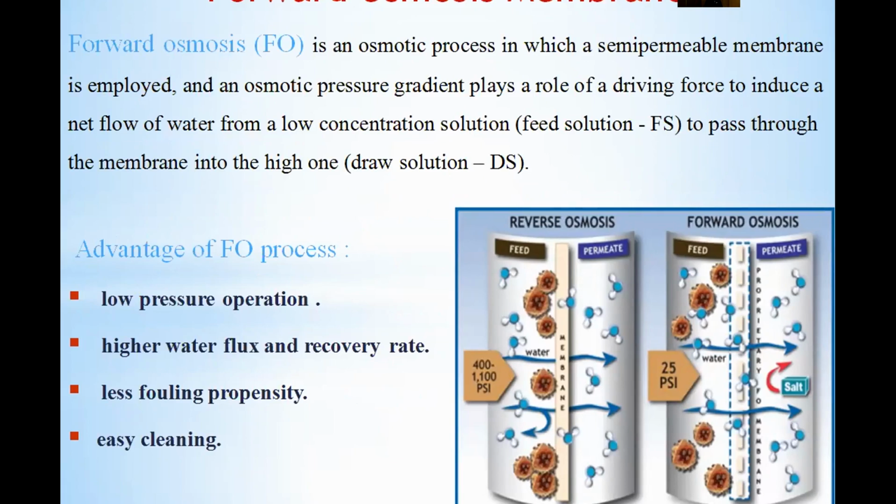Forward osmosis is an osmotic process in which a semi-permeable membrane is used, and the driving force here is the osmotic pressure difference, which helps the water flow from the low concentration to the high concentration. There are many advantages for forward osmosis: low pressure operation, high water flux and recovery rate, less fouling frequency, and easy cleaning.